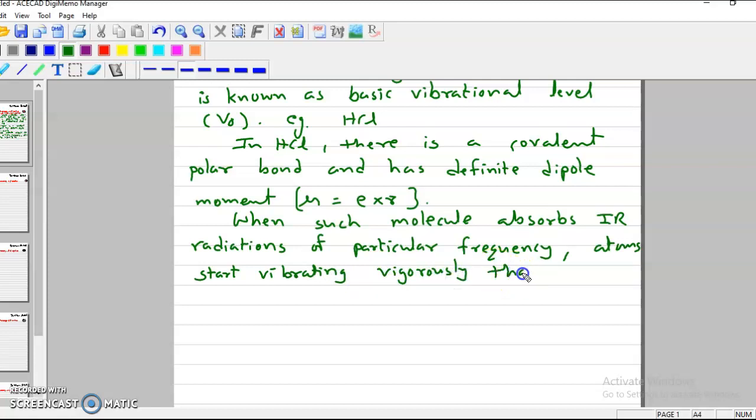That means molecule transit to higher level, higher vibrational level.